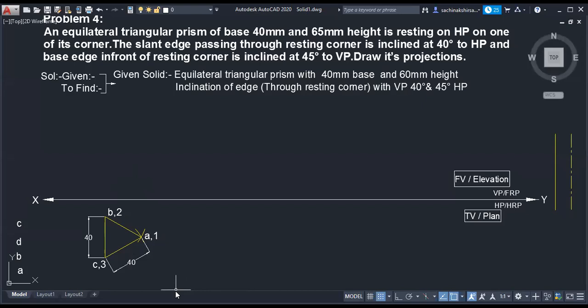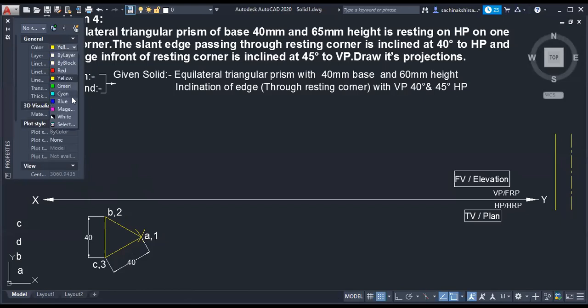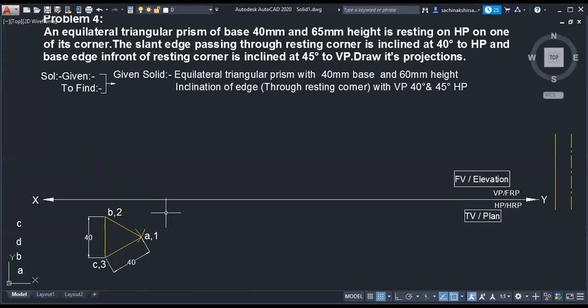Afterwards, what do we have to do now? Projection line. How will the projection line be? Vertically upward. After that, how much axis length is given for the prism? 65. So from here we can draw a 65 mm line.